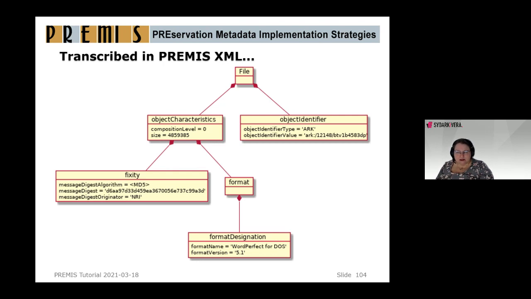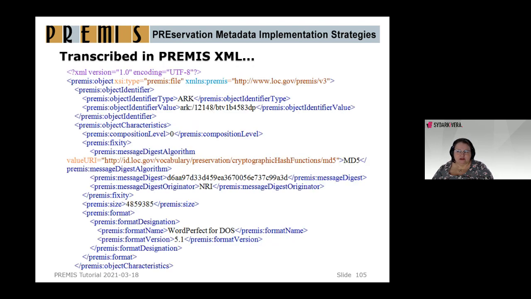And we have the format, and we actually have checked the format. We know it's WordPerfect for DOS and the format version. Simple, clean. And then we dive into the XML. That looks like this. So it's still the same things, but now in the XML format. This file I can easily send to Elle, and she can take over the maintenance of this object for me.